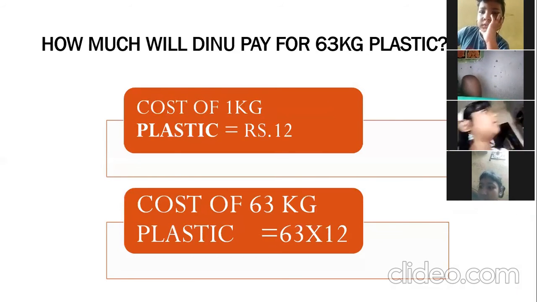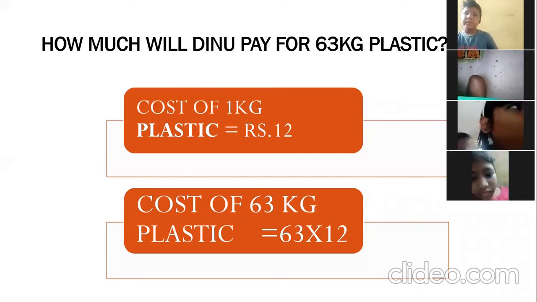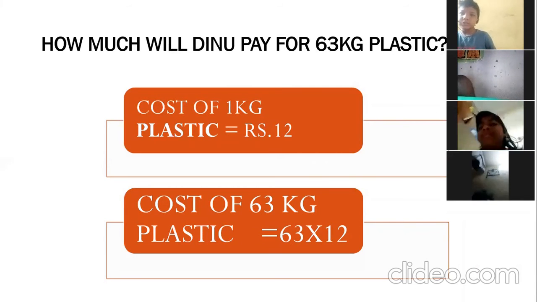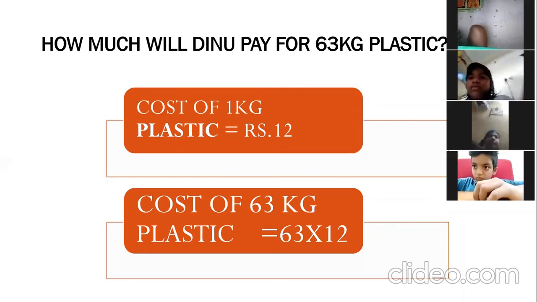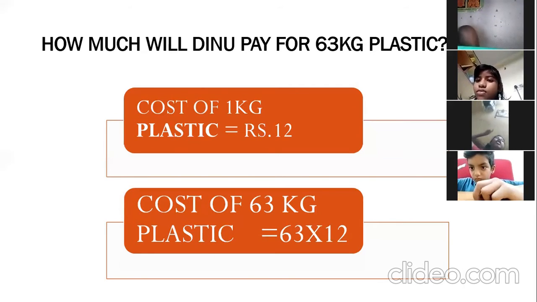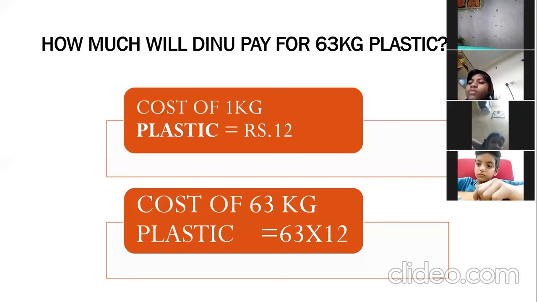Dinu is going to buy 63 kg of plastic. How much does he have to pay? 1 kg of plastic is 12 rupees and he is going to buy 63 kg. Now you are supposed to do the multiplication and get the cost.